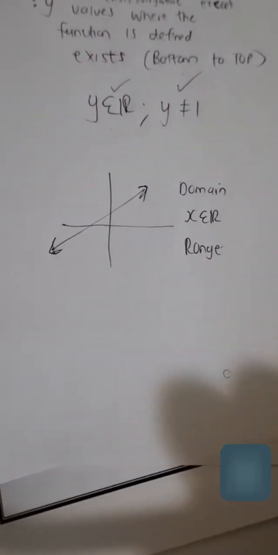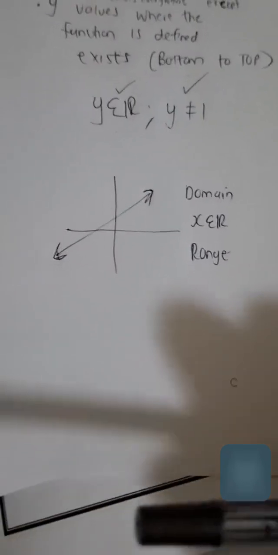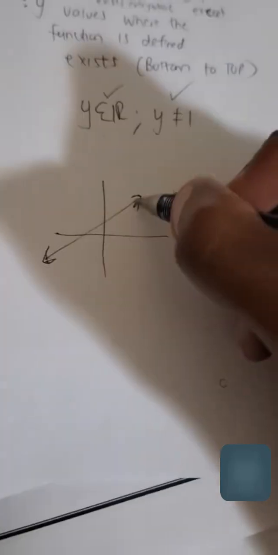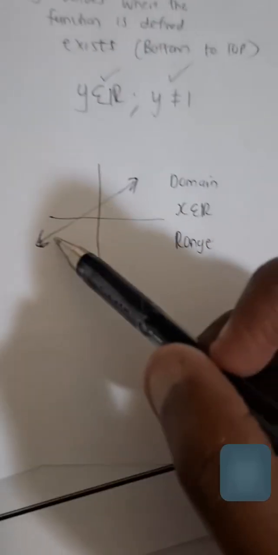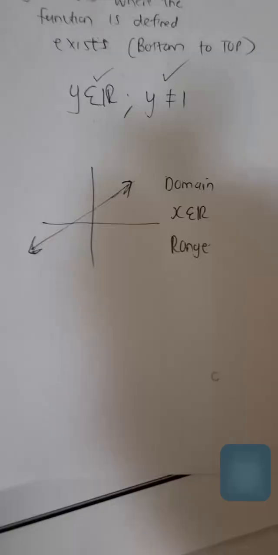Okay. Then, what about range? Range still means possible y values where the function exists. So we are starting from the bottom to the top. We are checking, is the function existing everywhere from the bottom to the top? Yes, it is. This straight line is a solid line. There are no asymptotes at all.